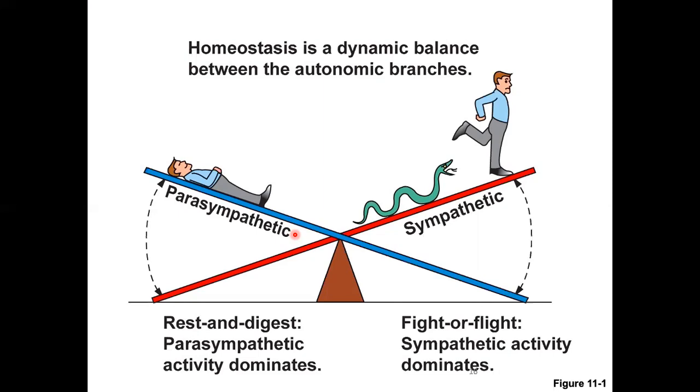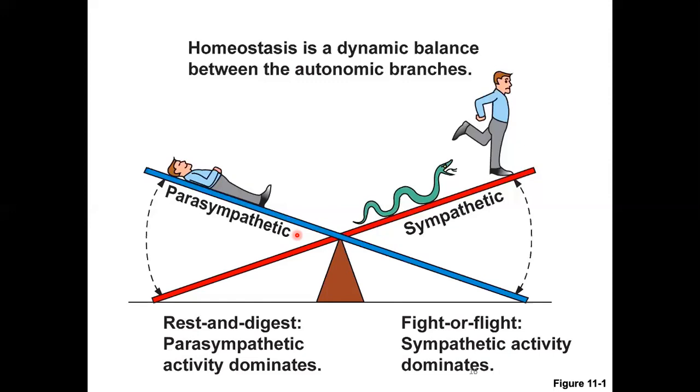So sympathetic nervous system is going to cause heart rate and force of contraction to go up for heart. And then if you're sleeping at night, parasympathetic nervous system is going to cause your heart to decrease heart rate and decrease force of contraction, right? Because you don't need to be pumping that hard. You don't need blood pressure high when you're resting and digesting.